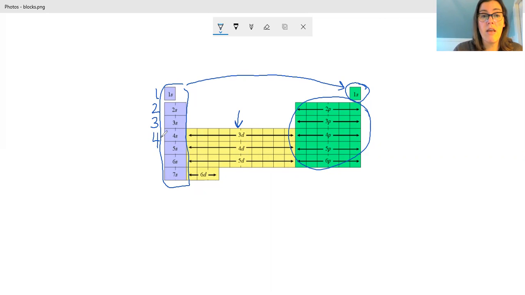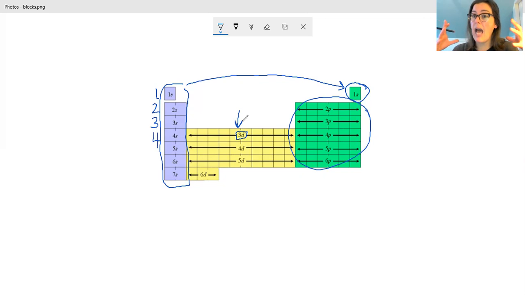As you may notice, in the fourth period, our D block is signifying the 3D sublevel. And that's because the 4s sublevel is actually lower in energy than the 3D. So atoms will start to fill up that next energy level before they get to their D sublevel.